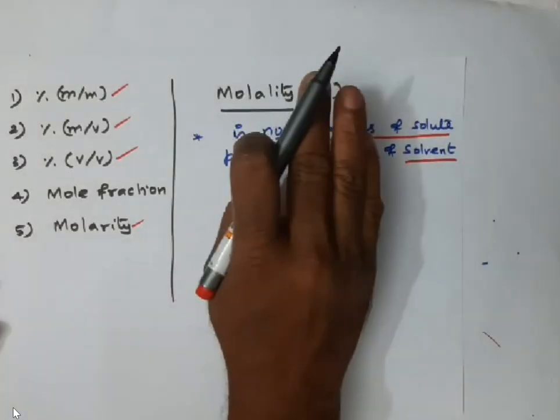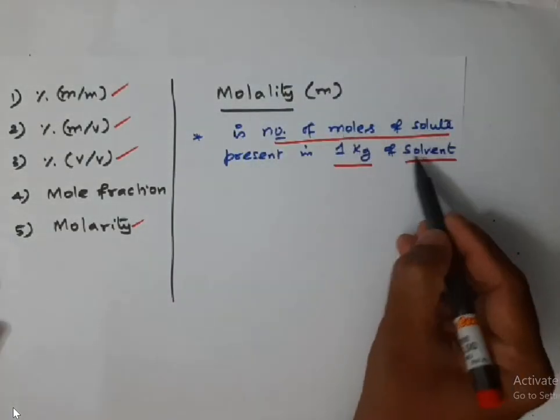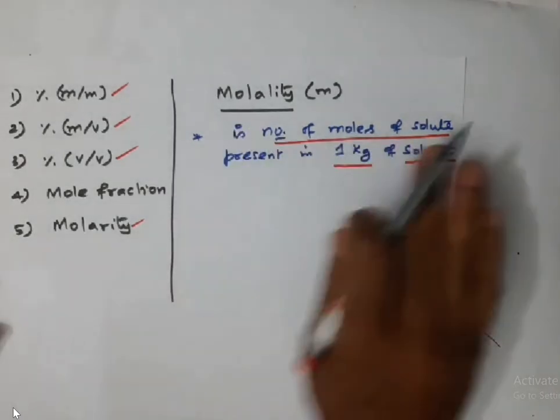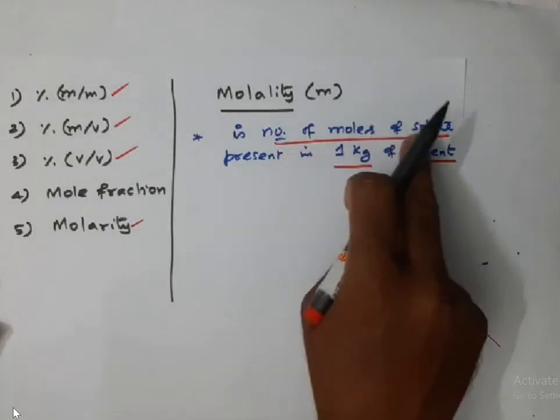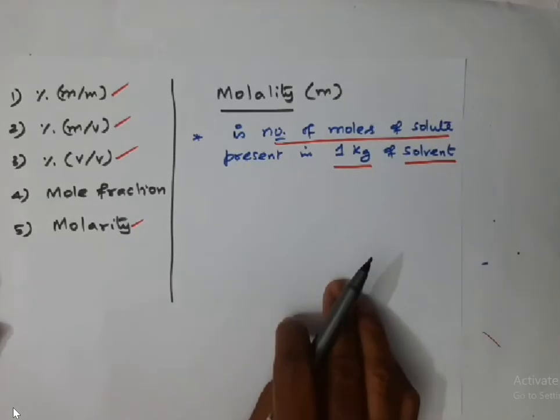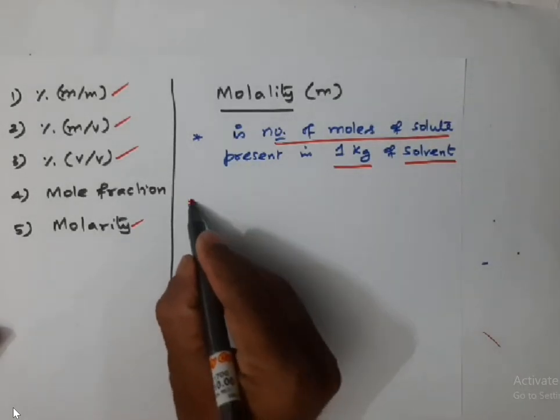So in molality, solute should be in number of moles and solvent should be in kilogram. We are not considering solution here. It is the number of moles of solute present in 1 kilogram of solvent.